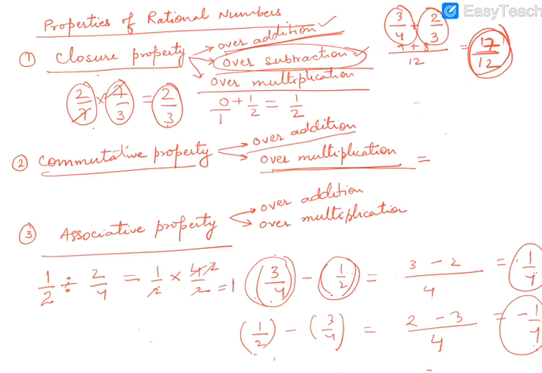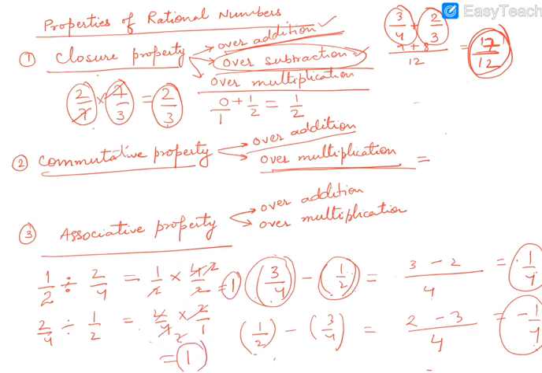Now I'll change their order. 2 by 4 divided by 1 by 2, so 2 by 4 into 2 by 1, reciprocal of 1 upon 2, so 2 2s are 4. In this case also you got the answer 1.